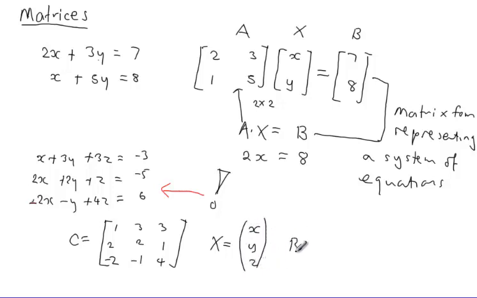And then the independent terms will be minus 3, minus 5, 6. Is that right? Then we've got C X equals B. That's that system in matrix form.